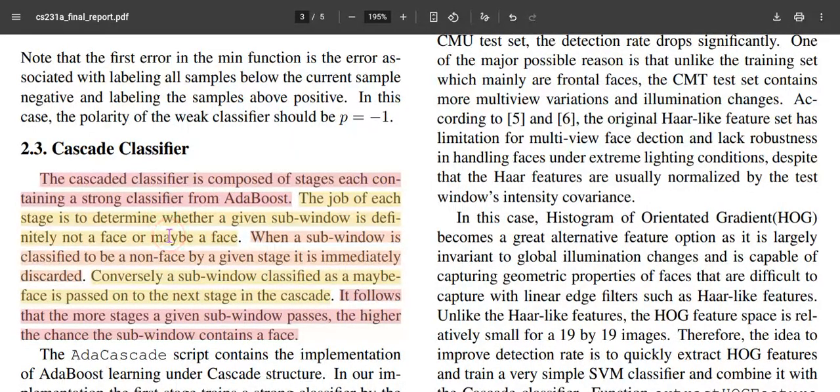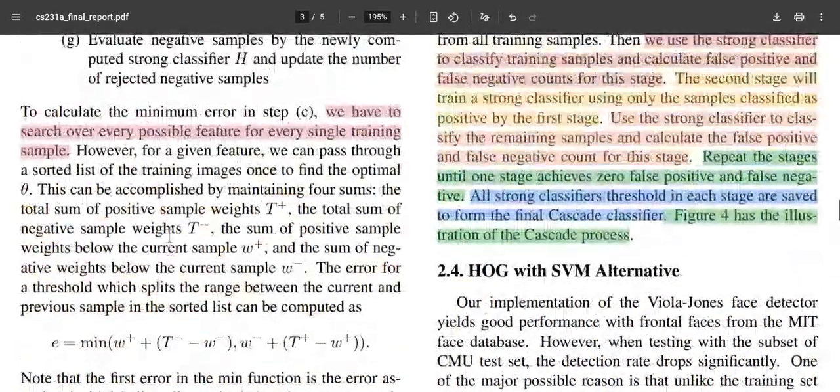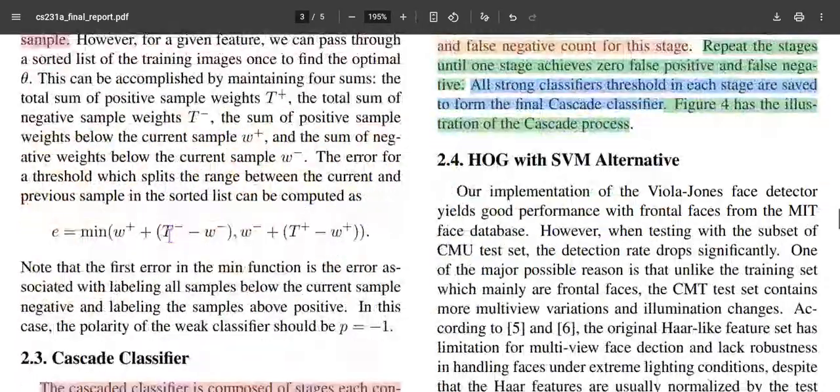Given an image, we can generate patches of 19 by 19. Each sub-window is given to the first stage. It tries to detect whether it is a negative, and if it detects no face, the window is definitely discarded, because we have set up a threshold so that there will be no false negatives.